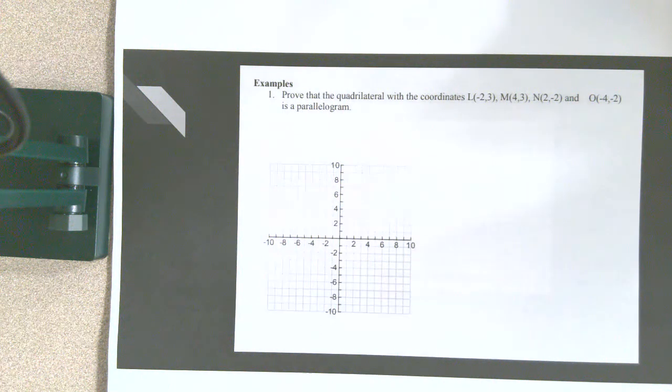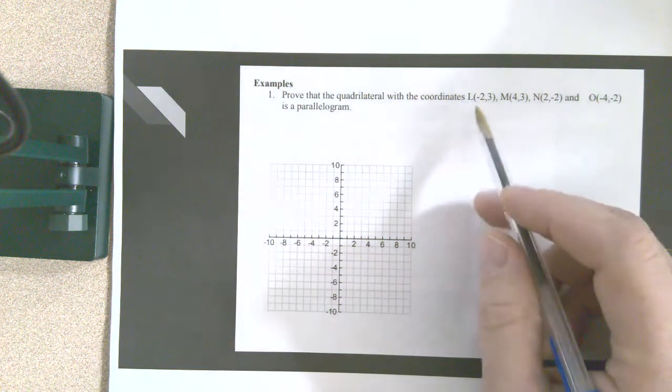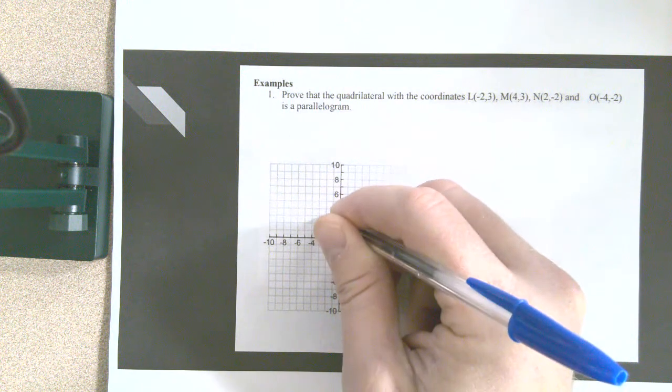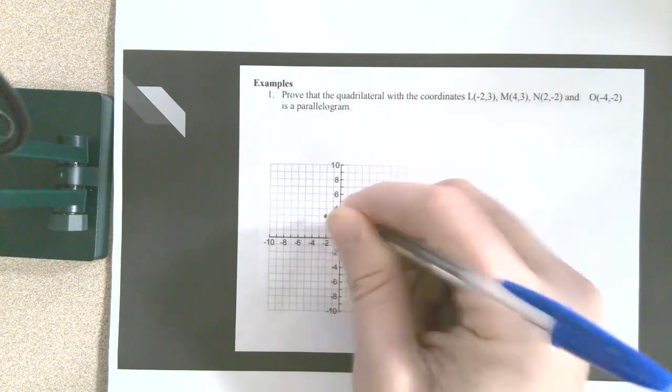Let's take a look at the first example here so you can get an idea of what we're doing with this. They're going to give you 4 points. And the first step is that you have to be able to plot the points correctly. So let's do that on this one. They tell us L is negative 2, 3. So I go left 2 and up 3 and plot a point.